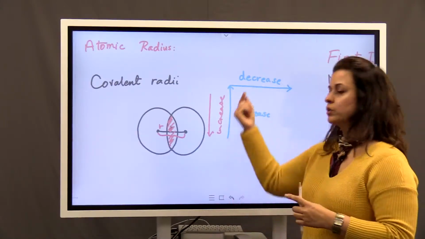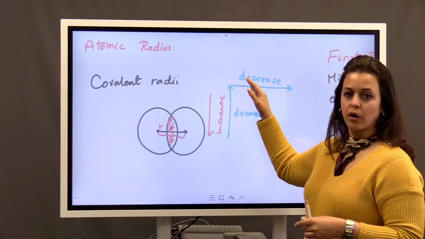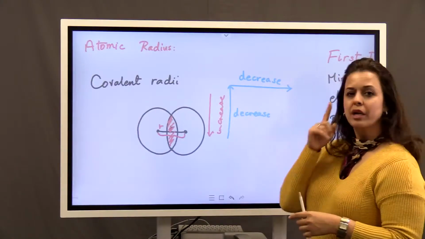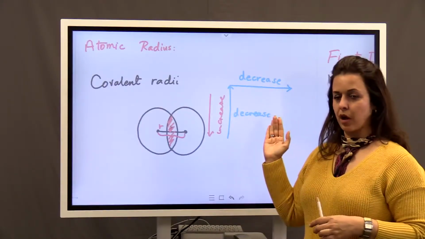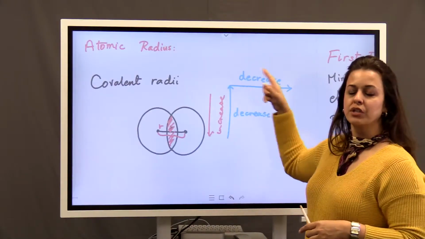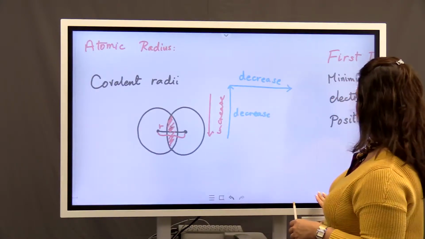So from bottom to top, you have a decrease because the number of layers are decreasing. You're peeling off your onion. So keep in mind, because I'm going to talk about the other trend, for atomic radius, you have a decrease from left to right, from bottom to top of the periodic table.